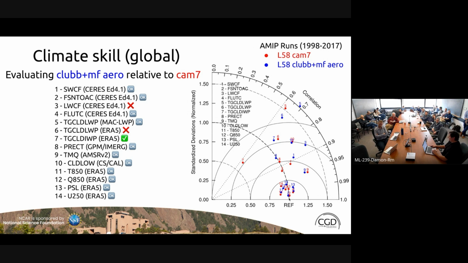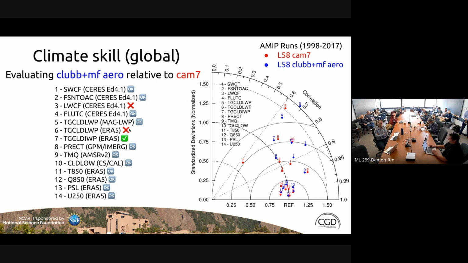And the distance from this reference point measures your centered RMSE, and they're all close. So all these things are lumped together, and these are your ERA5 T850, QE50, PSL. So you can more or less say those are fine.